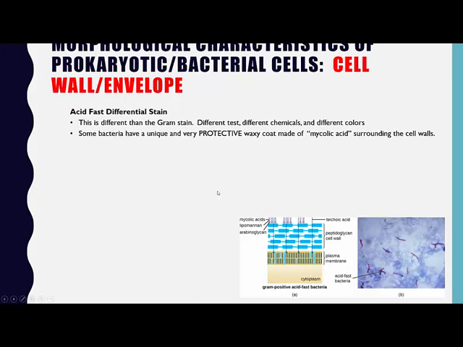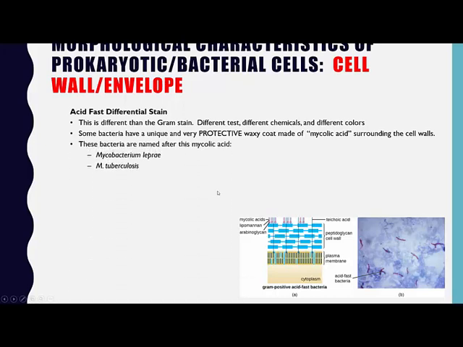There's no outer membrane. So this is gram-positive, but what it has is a very protective layer of mycolic acid and some other lipids. Okay. This makes this organism very, very, very tough. Hard to kill.